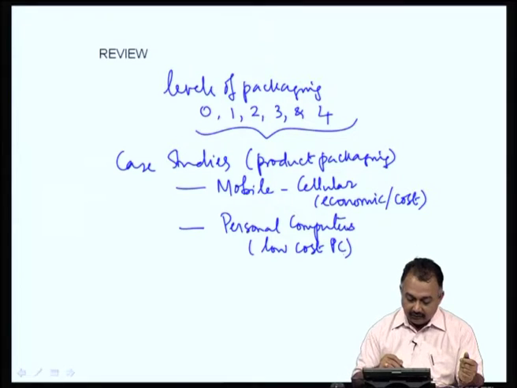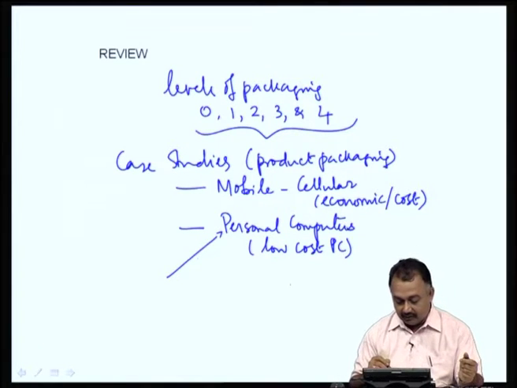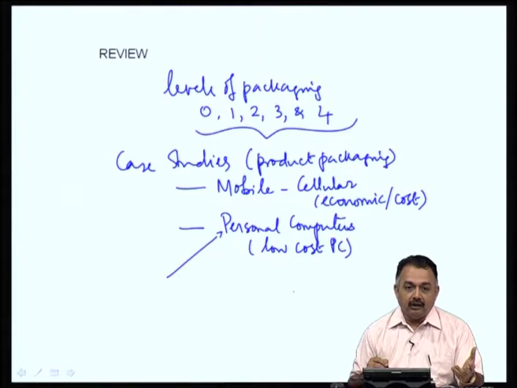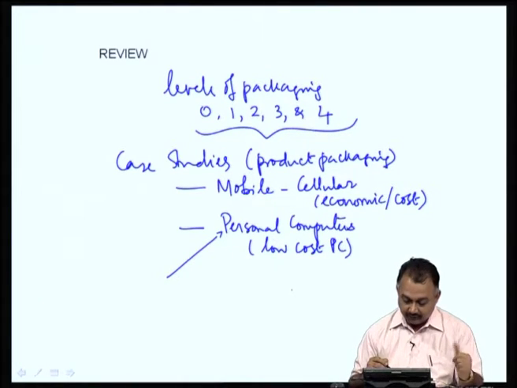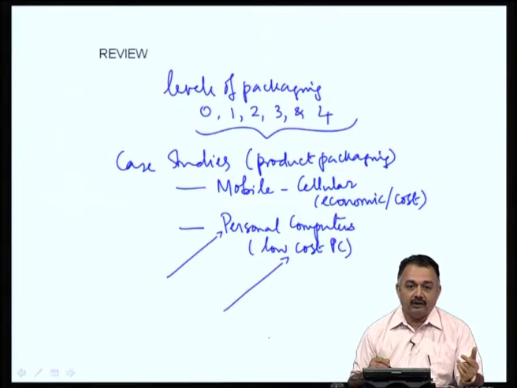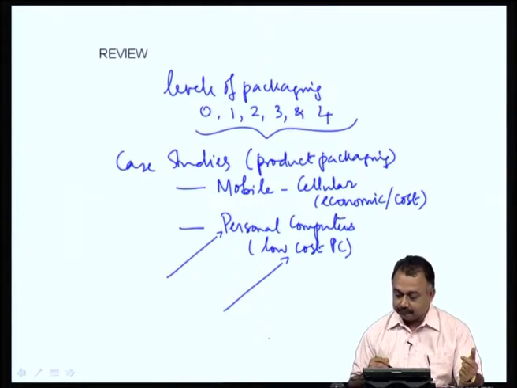So, in personal computers, if it is a desktop computer, then you will look at various angles to fix the cost, and accordingly the packaging also takes place. But for a low cost, we also saw how to make it low cost by choosing a different set of materials and different packaging aspects.